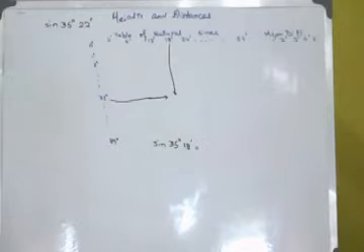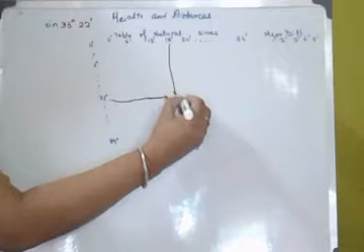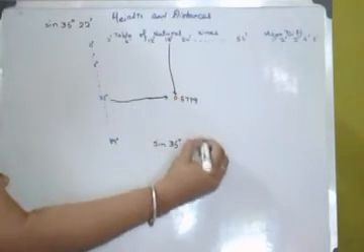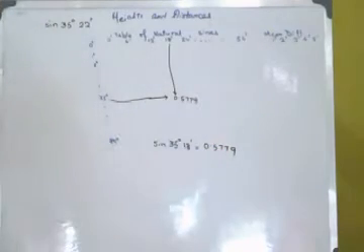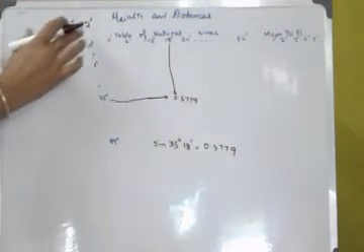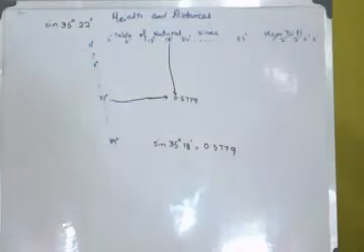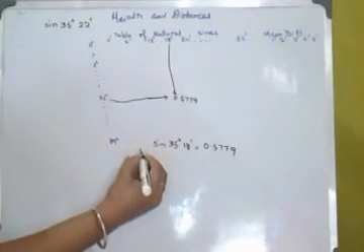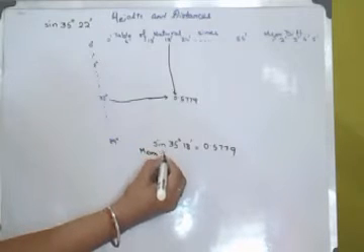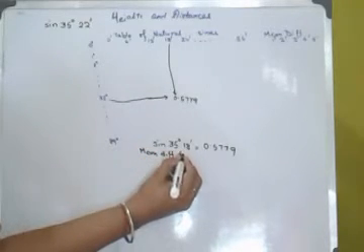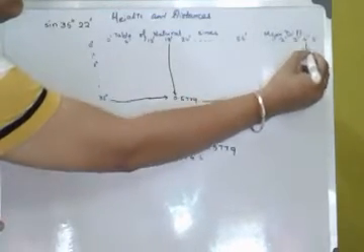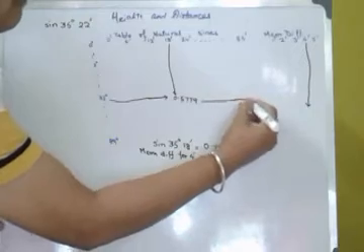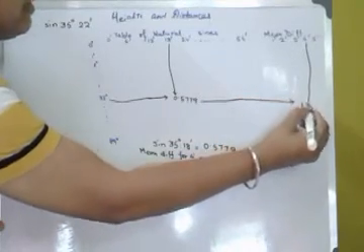What is the value of sin 35 degree 18 minutes? The value is 0.5779, and the difference between 22 minutes and 18 minutes is 4 minutes. So for the mean difference for 4 minutes, from the table you can see the value, that is 10.